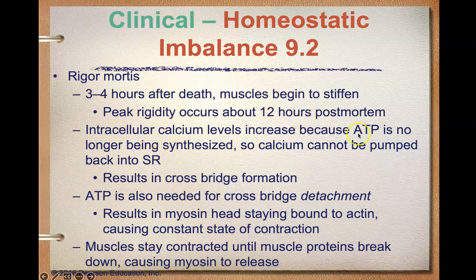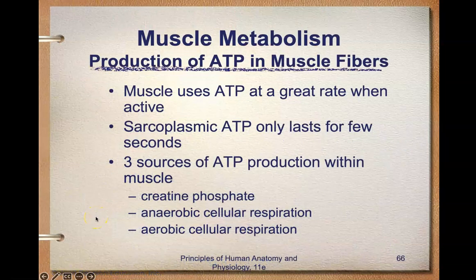If you're not producing ATP, then you can't pump that calcium back, and so that calcium is going to stay out there in the sarcoplasm, free to bind to that troponin-tropomyosin complex. So there are two real reasons why we get rigor mortis, and both are due to the lack of ATP. Just kind of interesting.